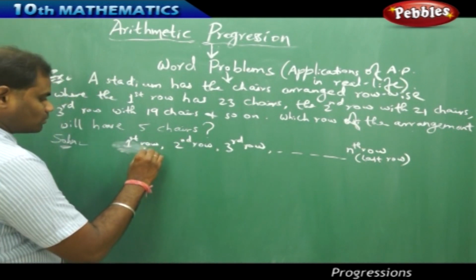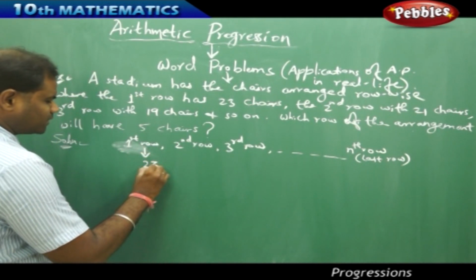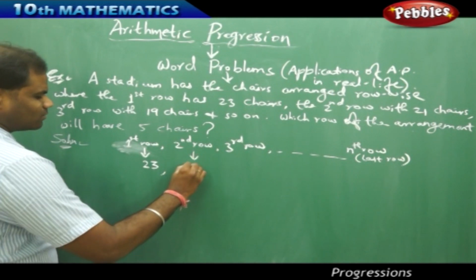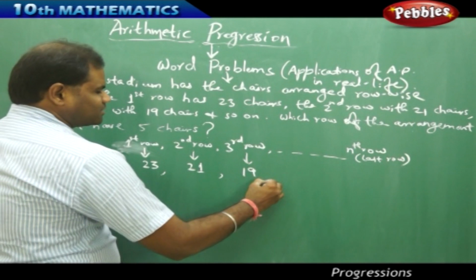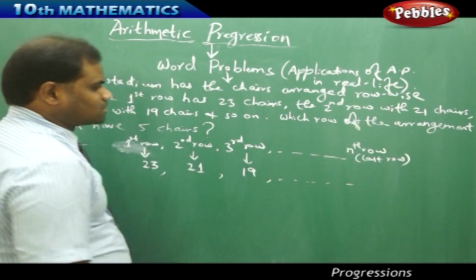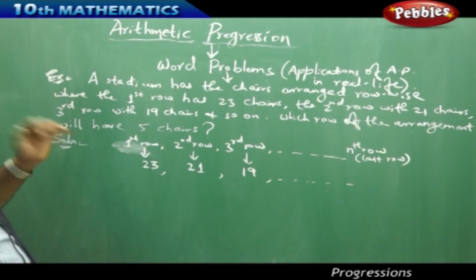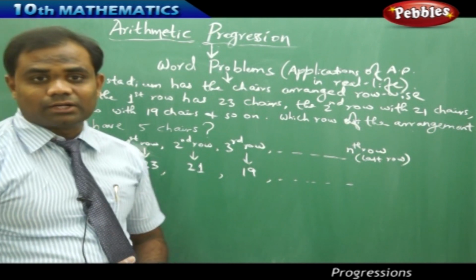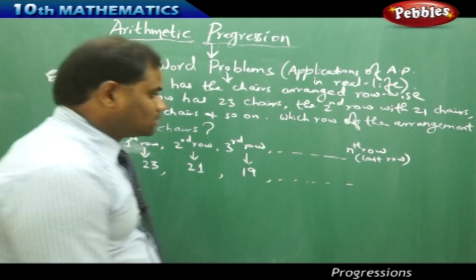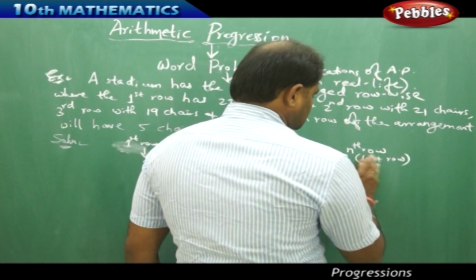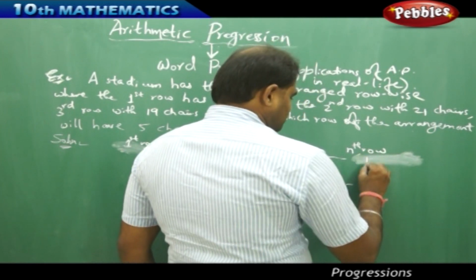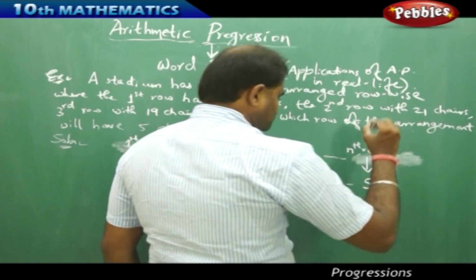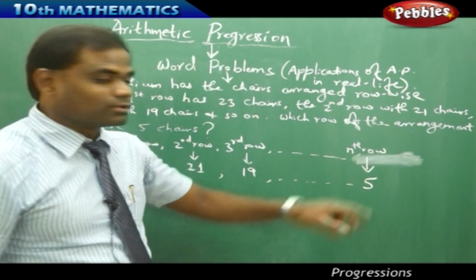So in my first row, there are 23 chairs. In my second row, there are 21 chairs. In my third row, there are 19 chairs. In my nth row, there are 5 chairs, where I need to find the position.